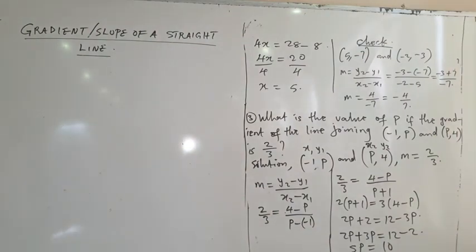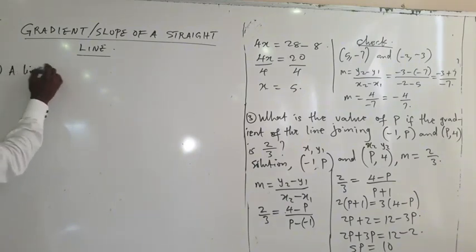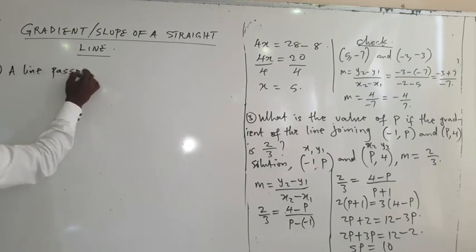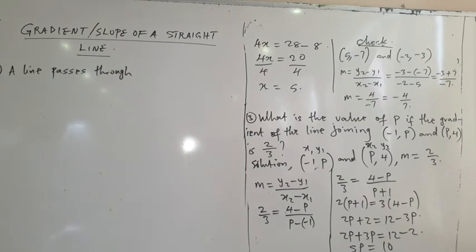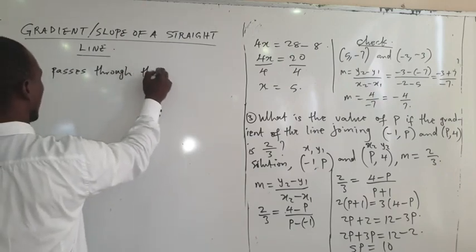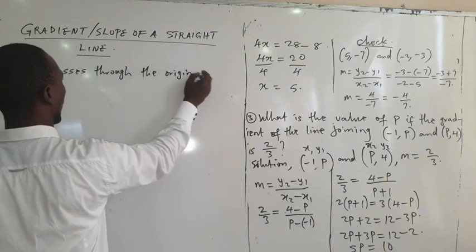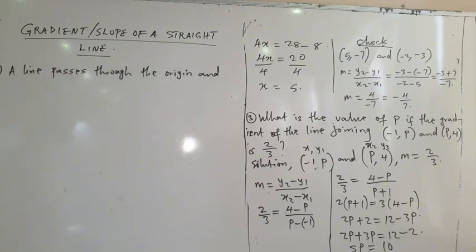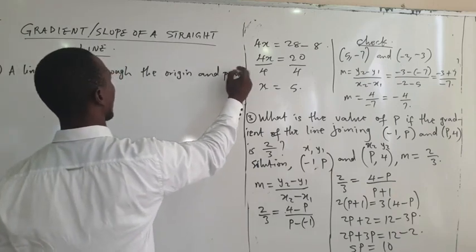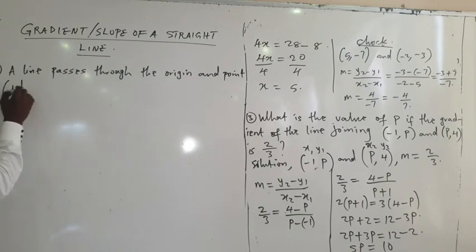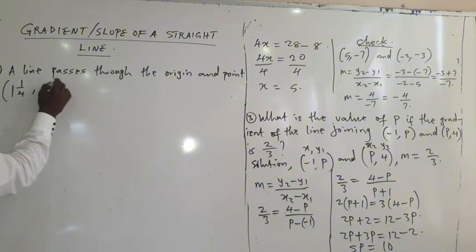So example 4 says, a line passes through the origin and the point (1 and 1 over 4, 2 and 1 over 2).